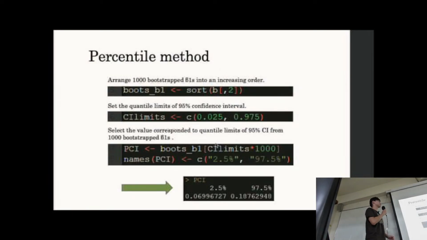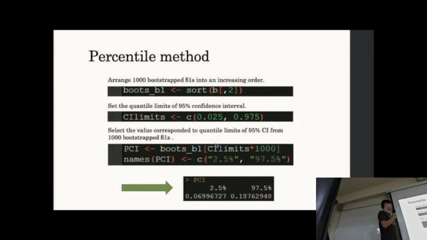First, the percentile method. I arrange the 1,000 bootstrap beta 1s mentioned before into increasing order using the sort function. And I set the quantile limits of the 95% confidence interval here, 0.025 and 0.975.